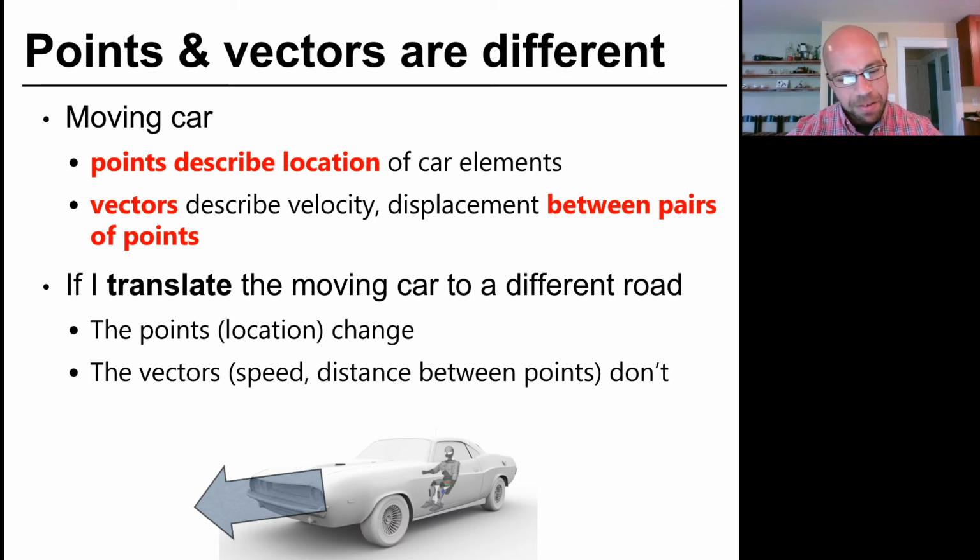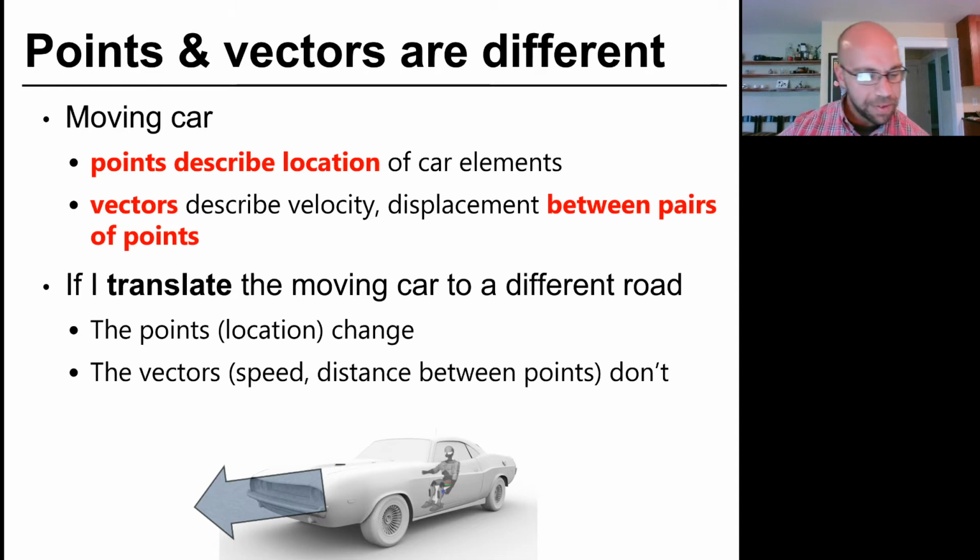Use another example. If I want to render a moving car, then points would describe the locations of the different elements, the steering wheel, the car, the wheels, and so on. But vectors can describe things like velocities, displacements, and so on.